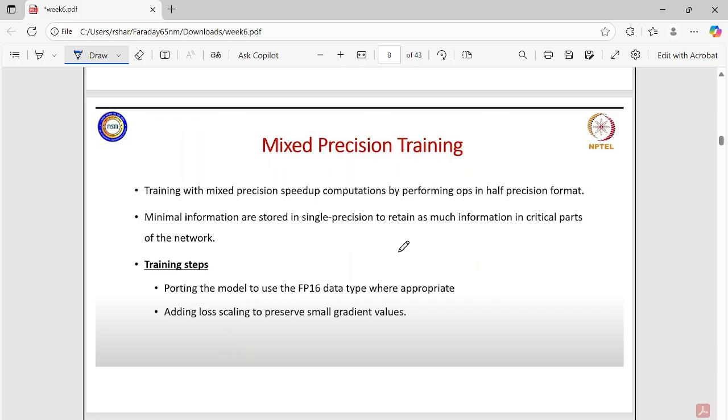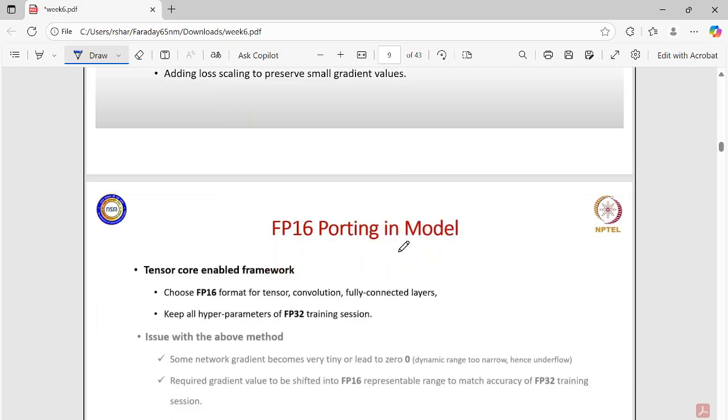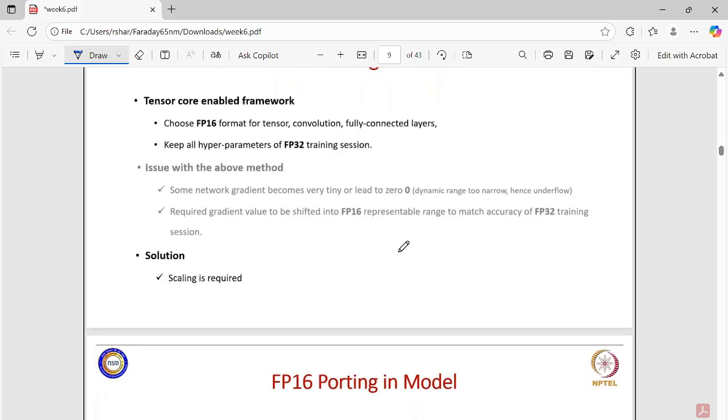So what is loss scaling? When we are using float 16, loss scaling is required. We choose the 16 format for the convolution and hyperparameters say FP32. This is another example.